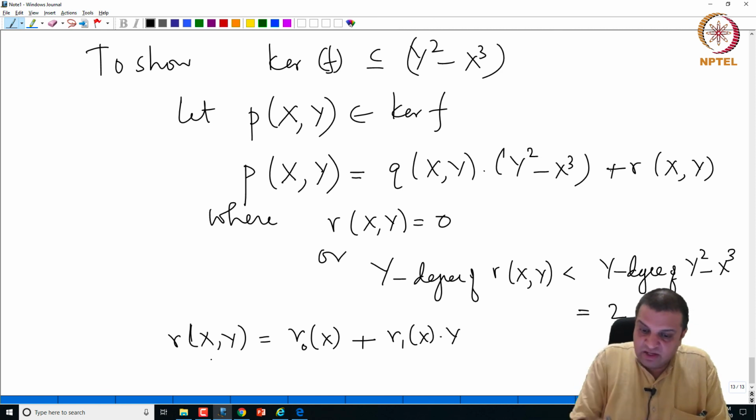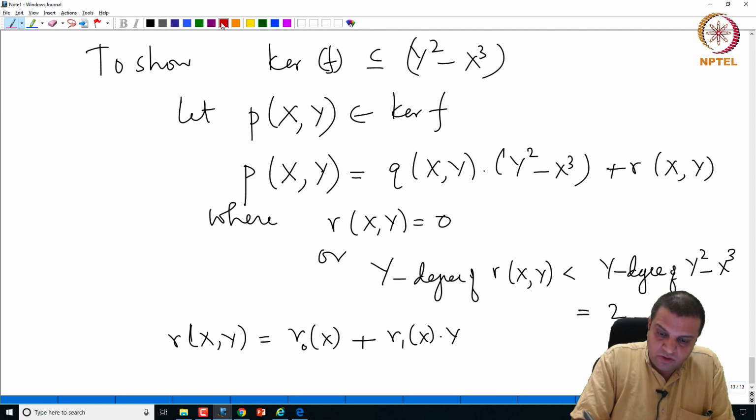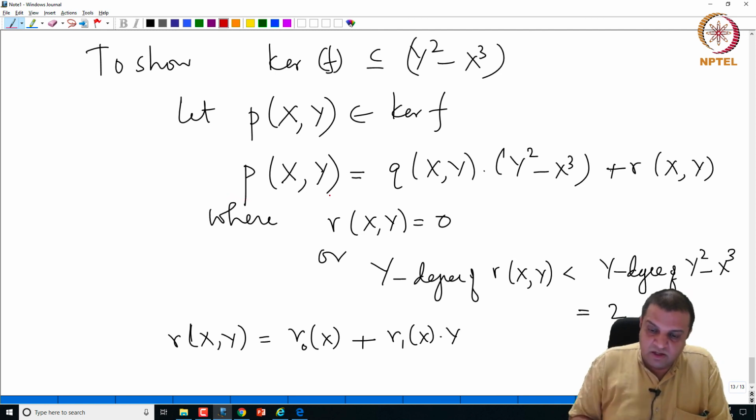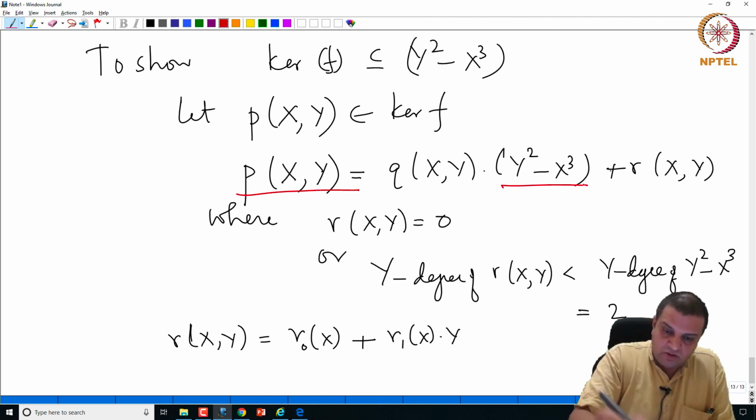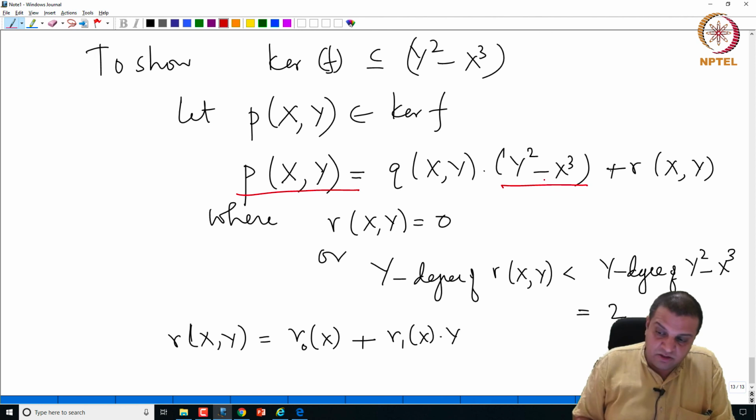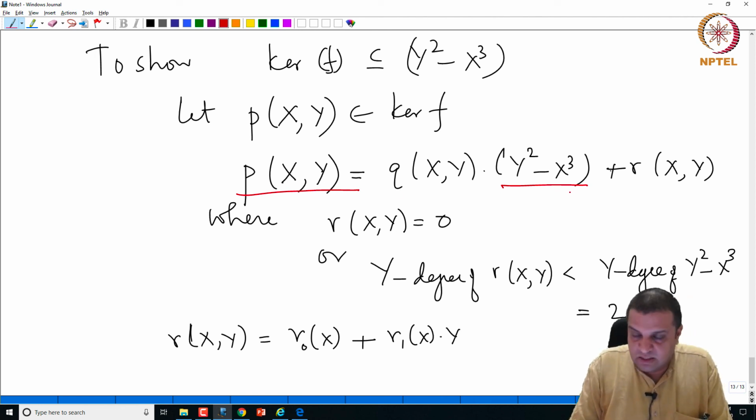the point is that p is in the kernel, this is in the kernel, this is in the kernel. So both p and this term are in the kernel. So the term on the left and the first term on the right are in the kernel.